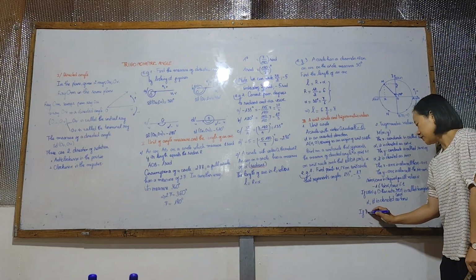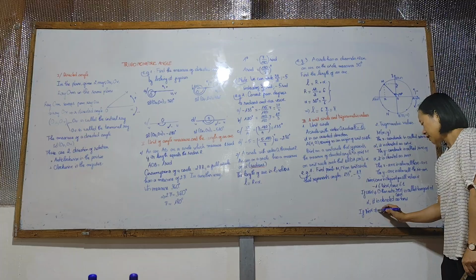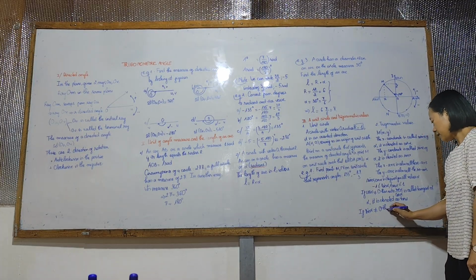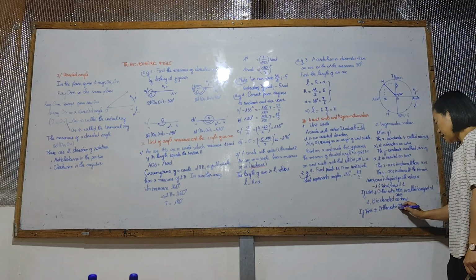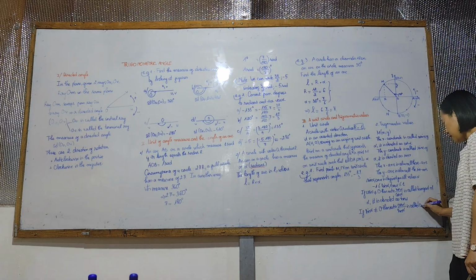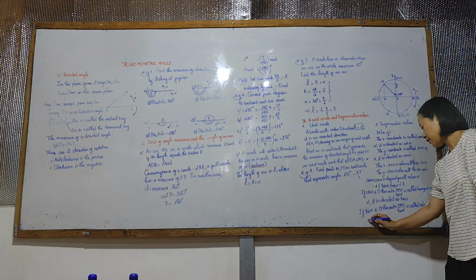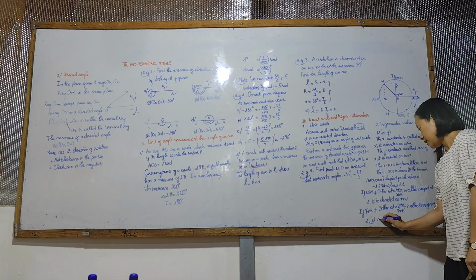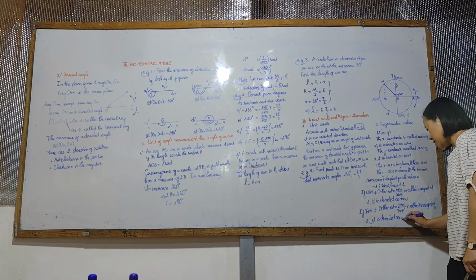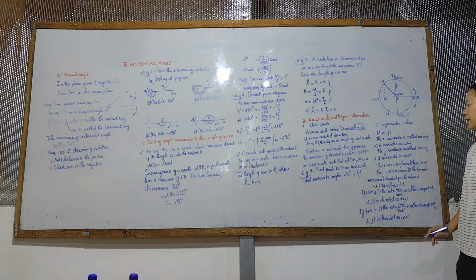And if sine alpha is different from 0, then the ratio cosine alpha over sine alpha is called cotangent of alpha, and it is denoted as cot alpha.